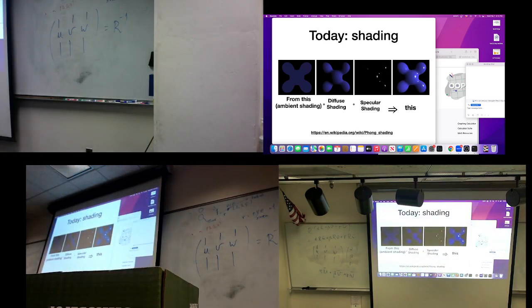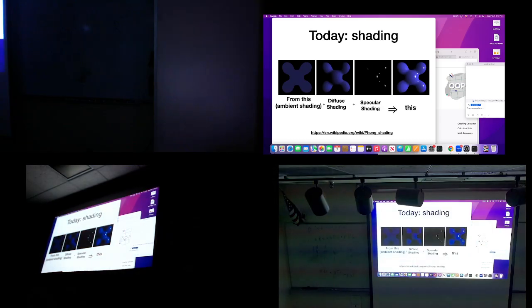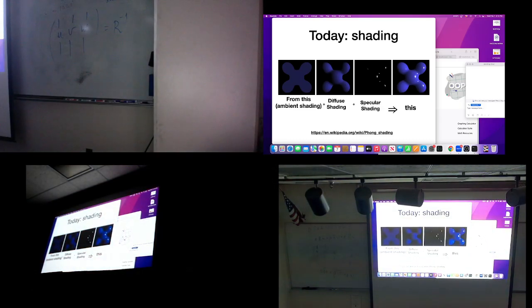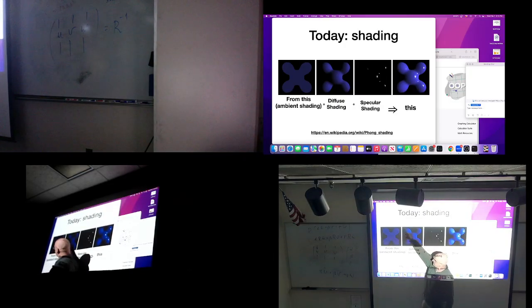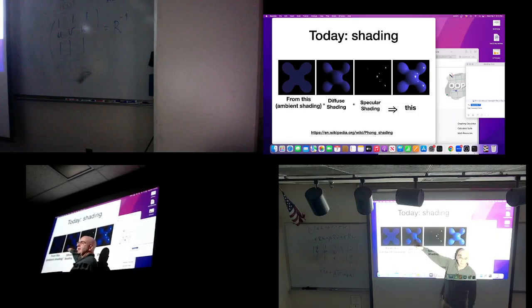Here is the big hint of why we need shading. We have this picture, recycled from the 60s. You see the blue picture. You see this plastic blue thingy. No idea how it looks in 3D. Now I'll add diffuse shading.